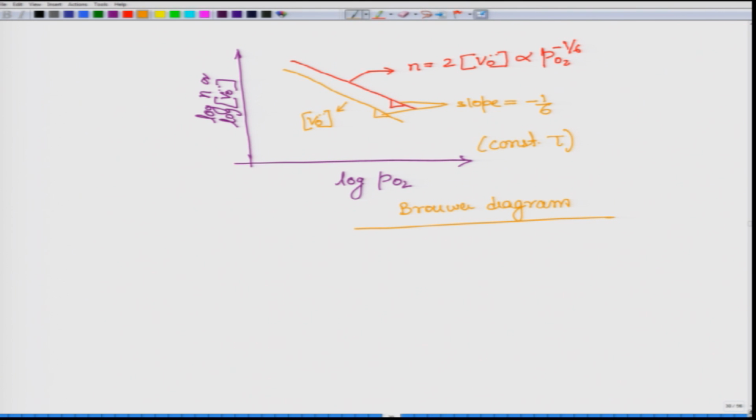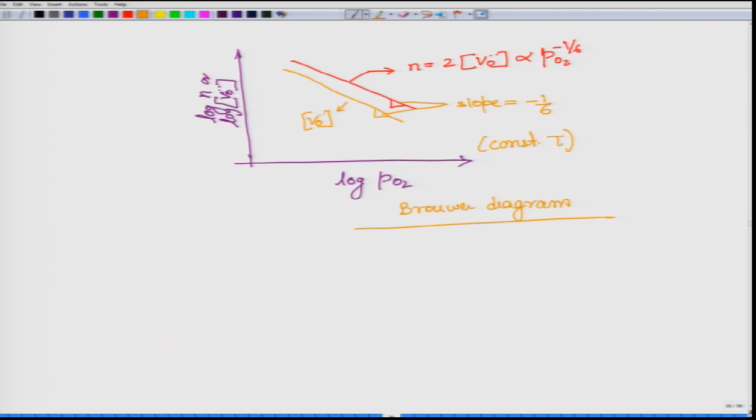And now you can see what the equation is saying and what the reaction is saying, that as your partial pressure decreases, which is going in this direction, concentration of N and concentration of vacancy increases. And what you also can now see from this plot is that when you take the log plot, it is a linear relation, and you can predict the slope, which is equal to minus 1 by 6.